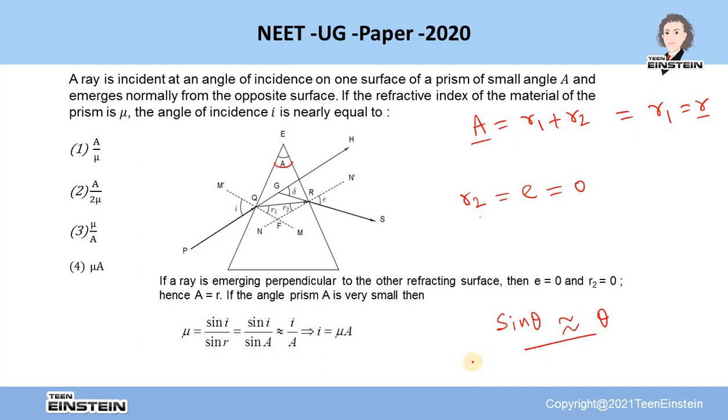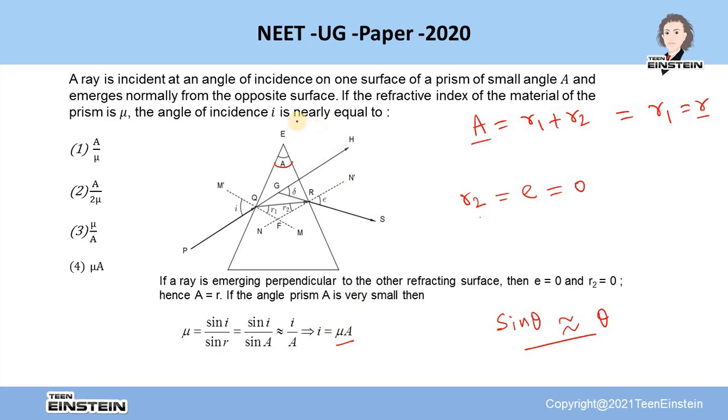So applying this rule, we can write sine I is equal to I and sine A is nearly equal to A, and hence we get a relationship between I, A and mu here. So from there we can obtain I is equal to mu into A.